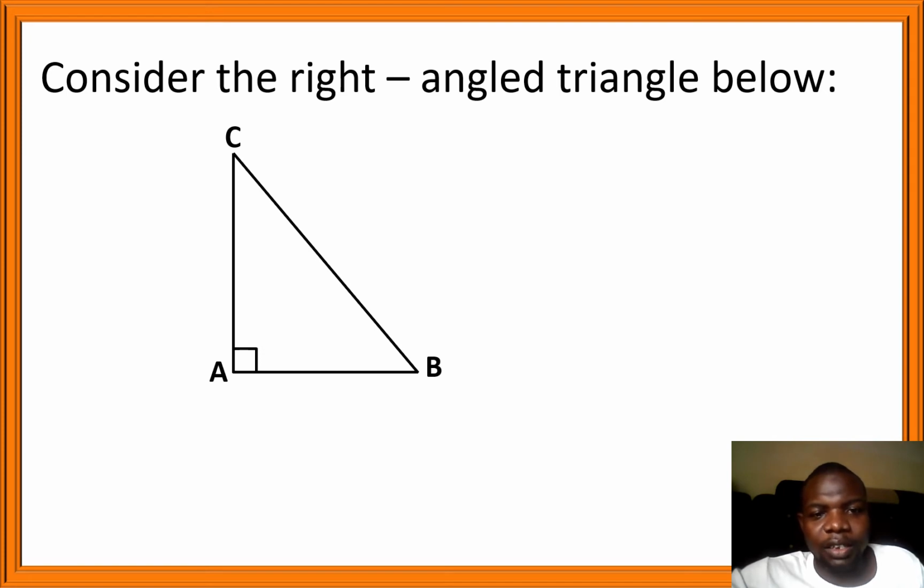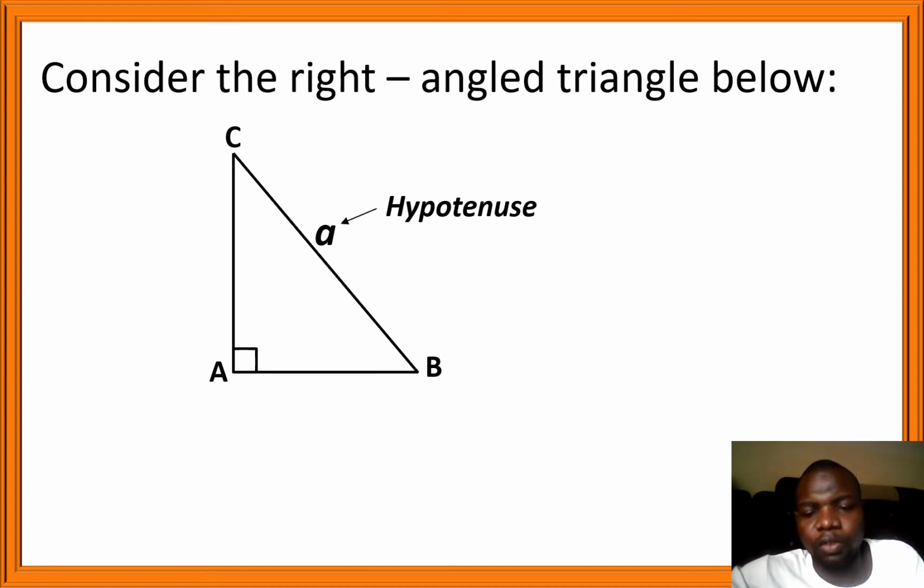The slanted side BC becomes the hypotenuse. Now there are two angles left aside the 90 degrees angle, and these are the angle at B here and the angle at C here.